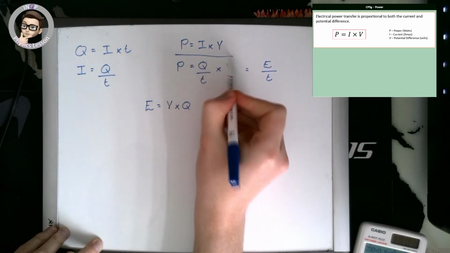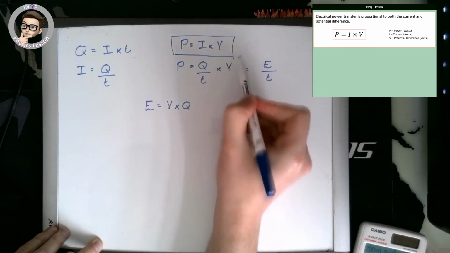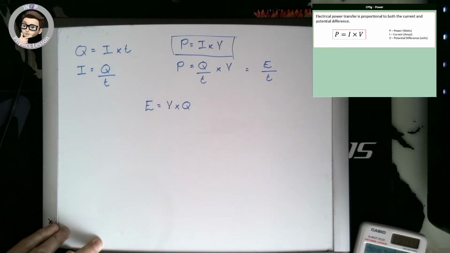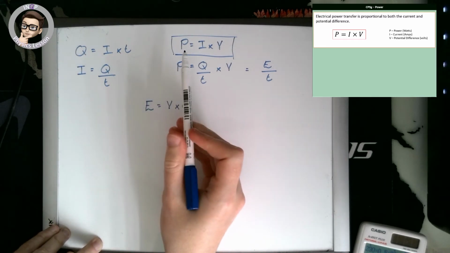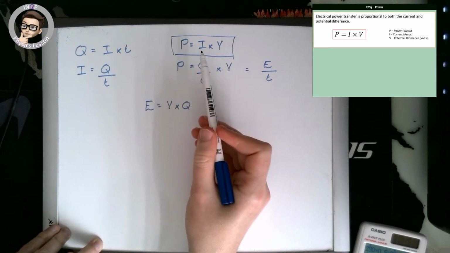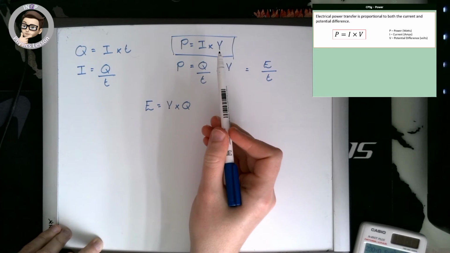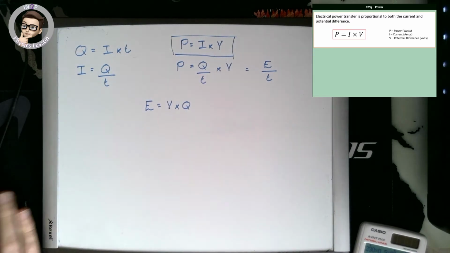So here we've got a new equation that's using electrical power, that is P equals I times V, where P is power in watts, I is current in amperes, and V is potential difference in volts.